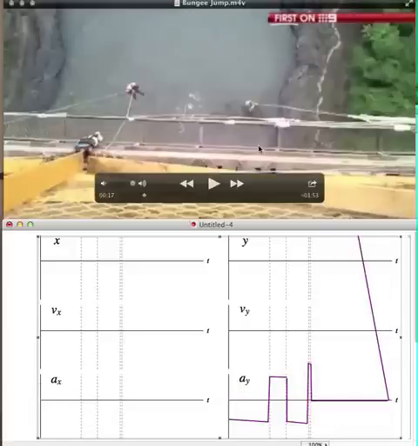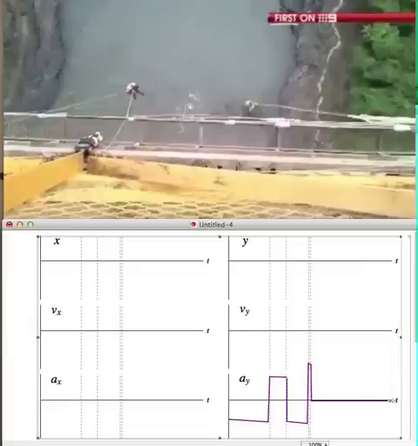All right, how does that look in terms of velocity? Well, she started at 0, and she steadily went downwards. She slowly sped up downwards, faster and faster.